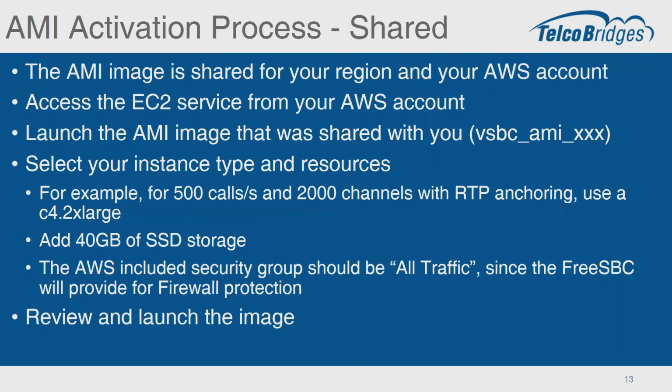When we share the image with you, it will be in your region and for your AWS account. In your account, you need to access the EC2 services from AWS. That's where the image will show up, and you need to launch this image. The image will be either a VSBC AMI or FreeSBC AMI.